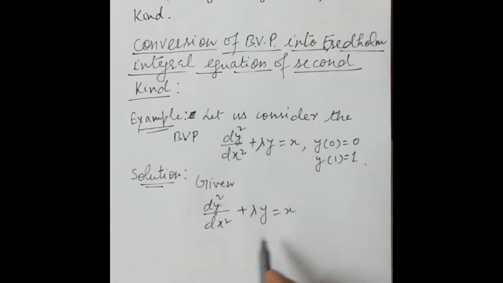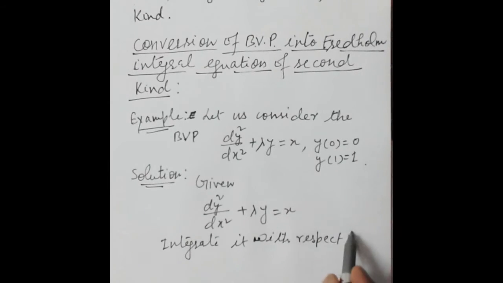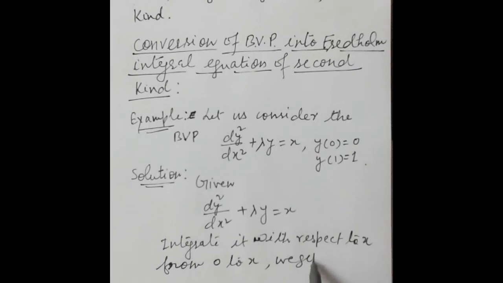Now integrating with respect to x from 0 to x, we get the integral from 0 to x d2y by dx2 dx plus lambda, the integral from 0 to x y(x) dx is equal to the integral from 0 to x x dx.